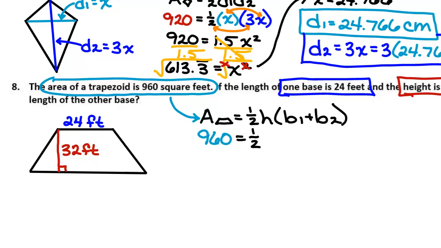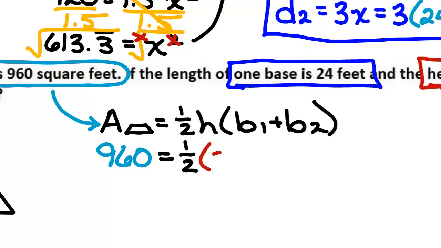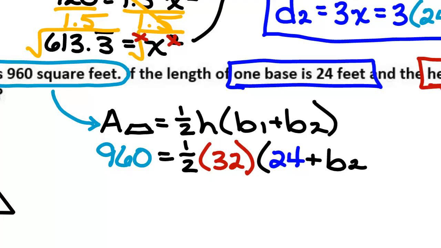And then I can substitute in my height of 32. And then inside the second set of parentheses, I have base 1. Well, one of them is 24 plus base 2, which I'm just going to leave as B2.